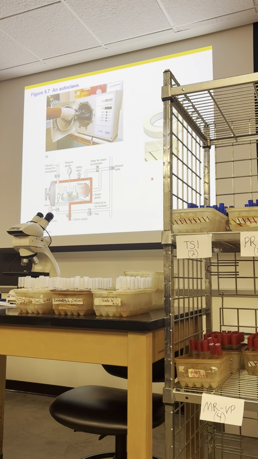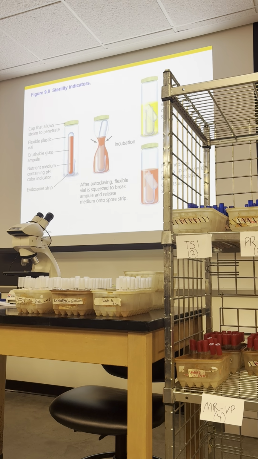These are those spore strips that I was talking about. So they'll put that little piece of tape to indicate that the conditions to kill an endospore have been met. More accurately is this. So this is what we've seen. This is phenol red, so a pH indicator. And that little vial contains food as well as that pH indicator.